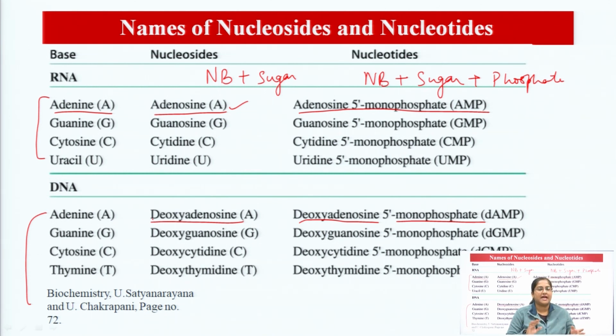We will make this type of change in adenine, guanine and cytosine. What about uracil and thymine? We do not make any change; here we write AMP, and in case of DNA we write DAMP.